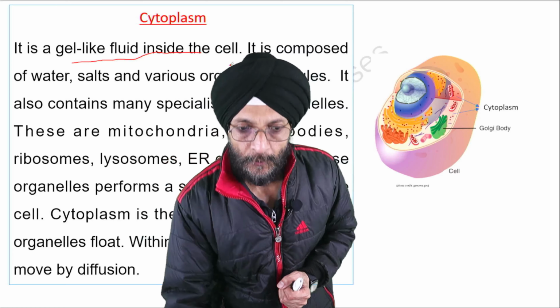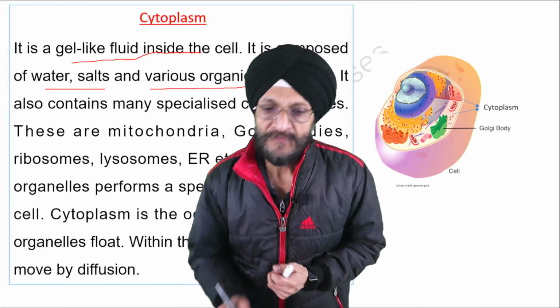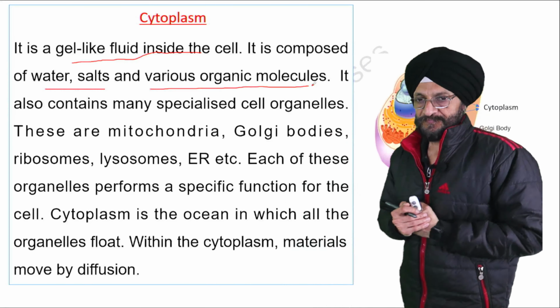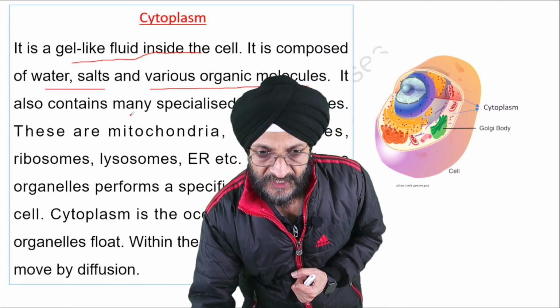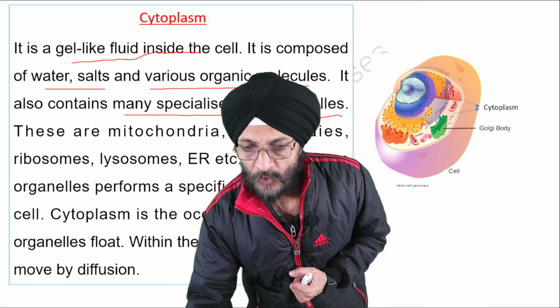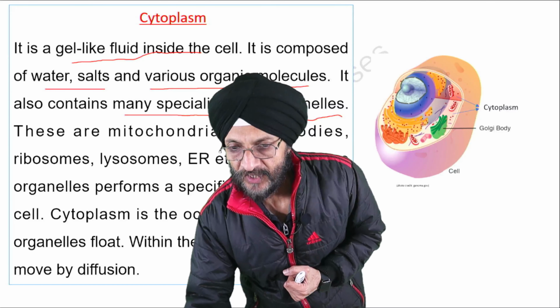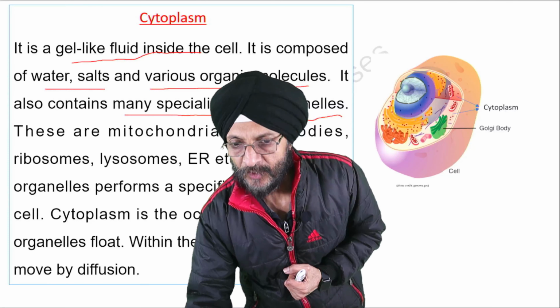So cytoplasm is composed of water, salts and various organic molecules. In the cytoplasm there are many specialized cell organelles. You can see here that this is the nucleus, this is the mitochondria, this is the Golgi body, these are the endoplasmic reticulum.